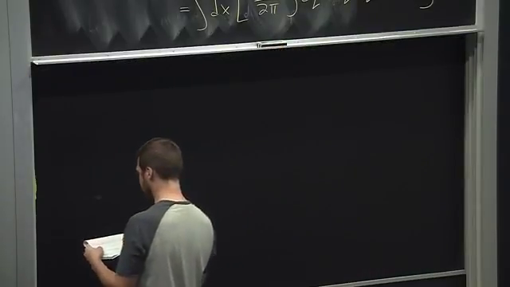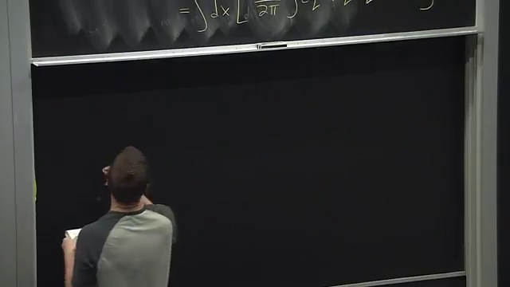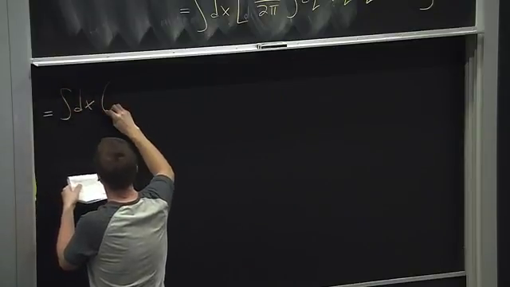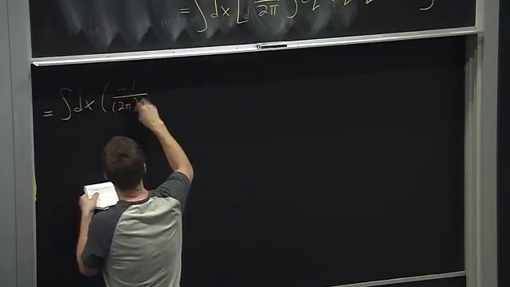Okay, so this might be too much detail, but just in case you haven't seen this before. I have two i's, give me -1. I have two 2π's.